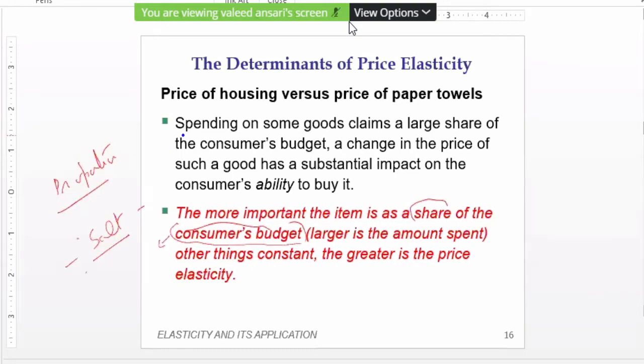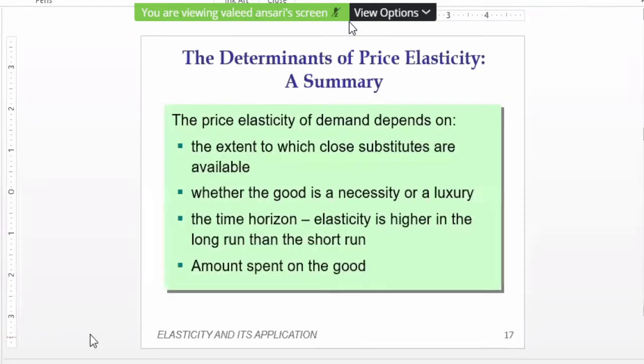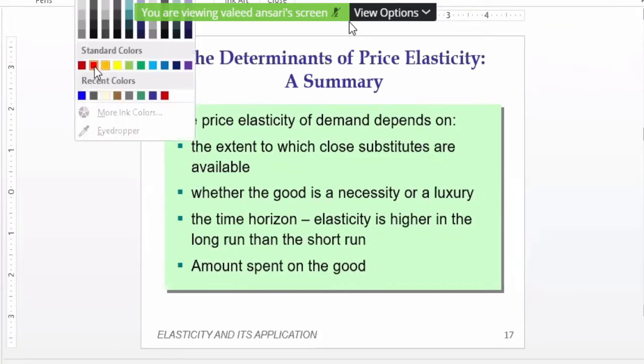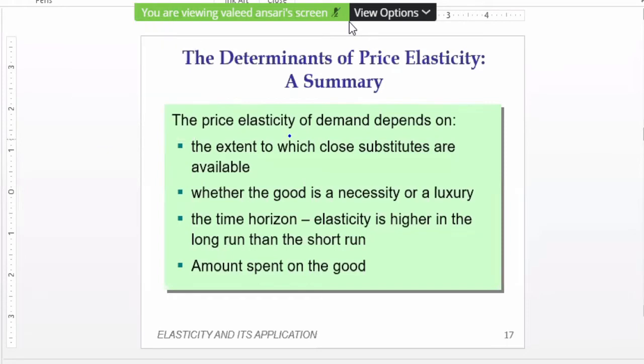So this brings together the four determinants. The first factor which we discussed is that elasticity is greater if close substitutes are available. In other words, the greater the number of substitutes, the more elastic the demand will be. Then the type of goods: necessities have less elastic demand than luxury products, which are at the other end of the spectrum.